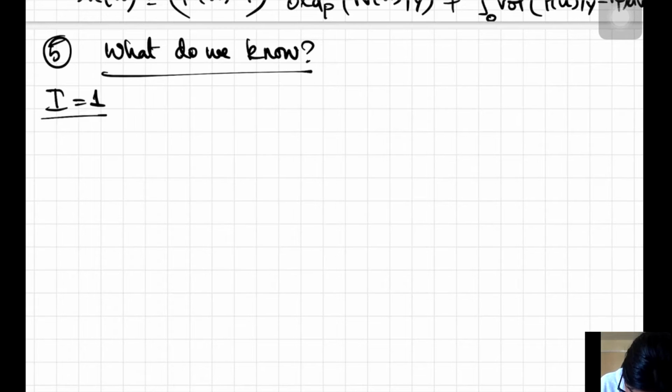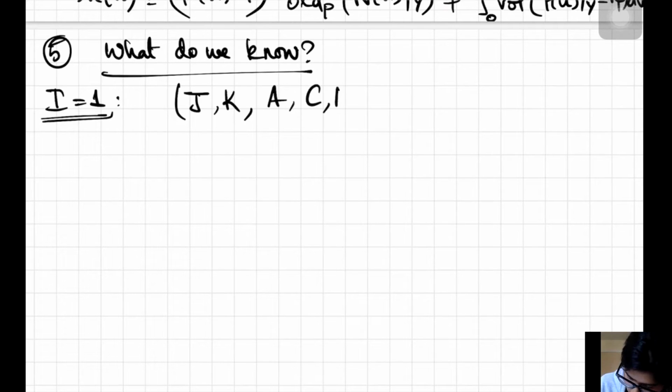In the case of index 1, by the works of many, Johnson, Kollár, Araujo, Cheltsov, Park, and Shramov, just because of lack of time, I'm just going with the first letters.